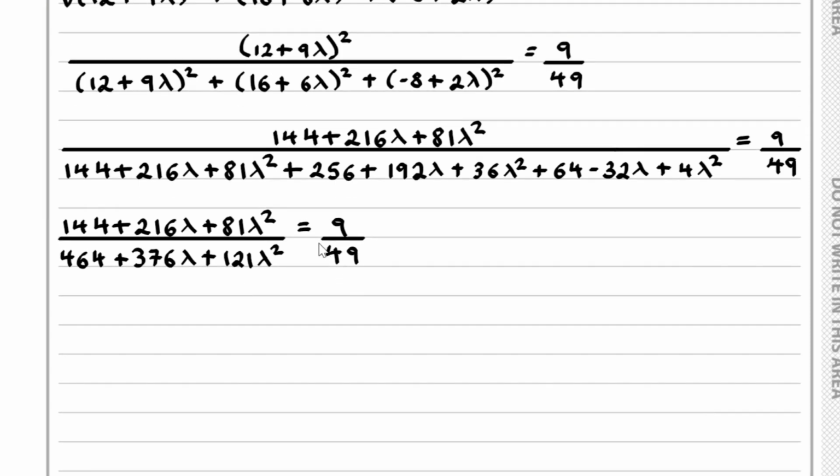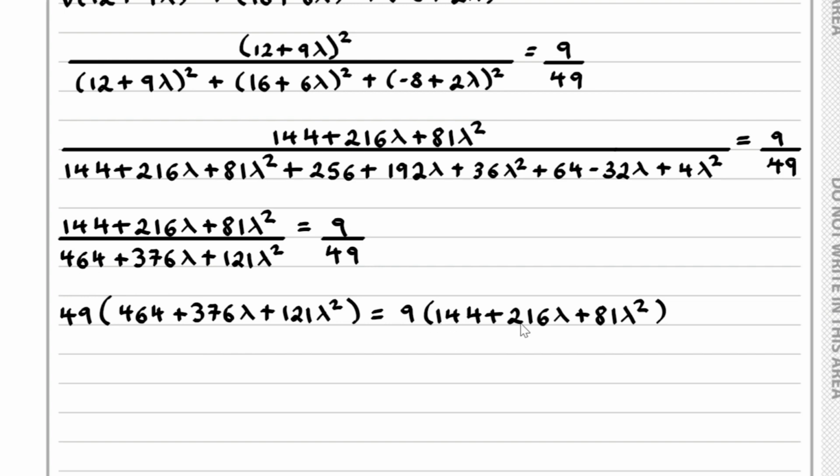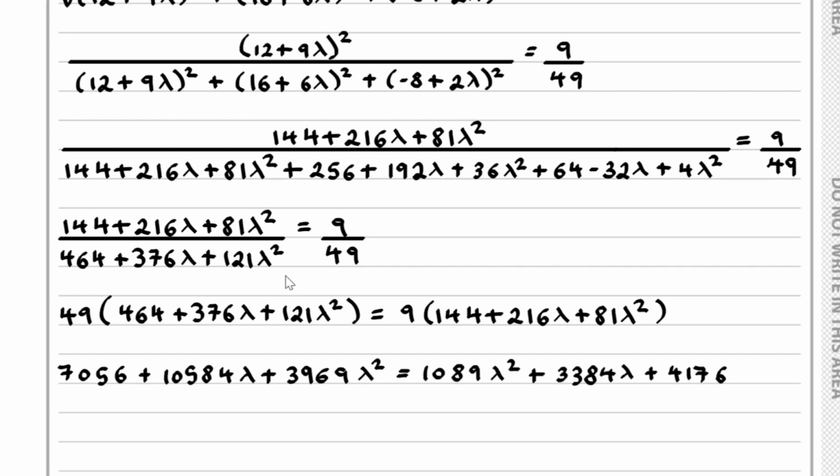And now we need to solve this equation. So if I cross multiply, I've got 49 lots of the result here, which is equal to 9 lots of the result shown here. And if I expand the left hand side, we get 7056 plus 10584 lambda plus 3969 lambda squared. And on the right hand side, we end up with 1089 lambda squared plus 3384 lambda plus 4176.